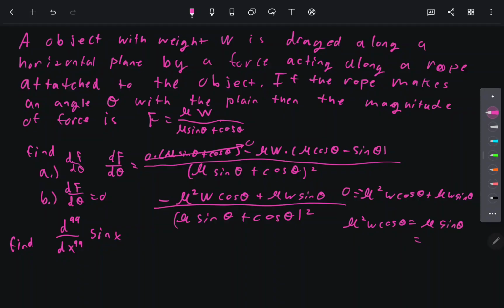Well, let's see. We can divide out a mu, and there's a w over here, so that w and that w actually both cancel. So cosine theta is equal to sine theta.